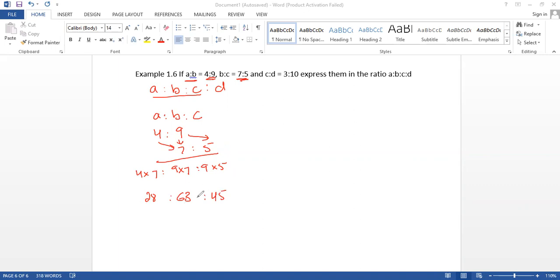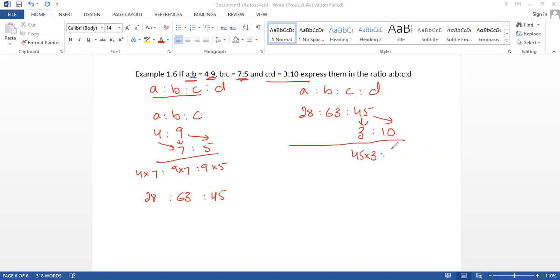And now once you have done A, B, and C, then we can incorporate D. So now we're going to do A, B, C, and D. So over here we have 28 is to 63 is to 45, and then C is to D is basically 3 is to 10 over here. This can also be easily done through the arrow form. So we're going to do this in that form as well. So 45 times 3.